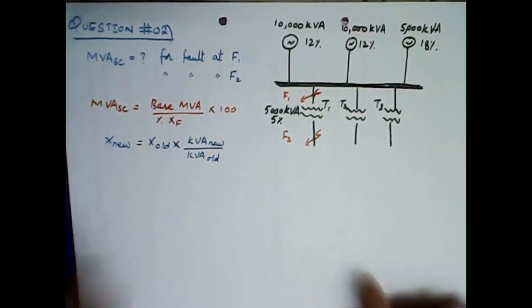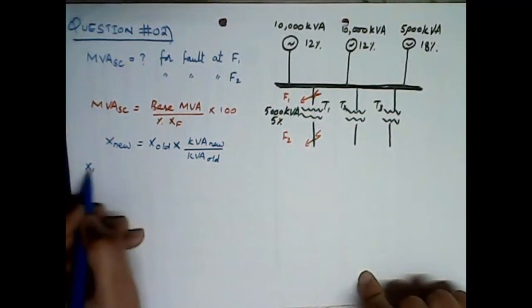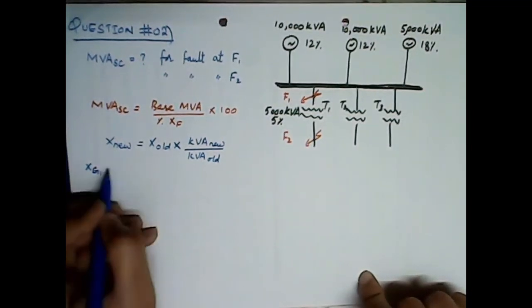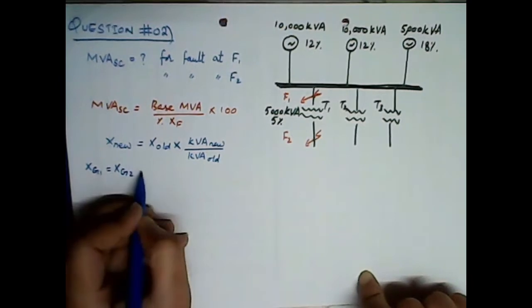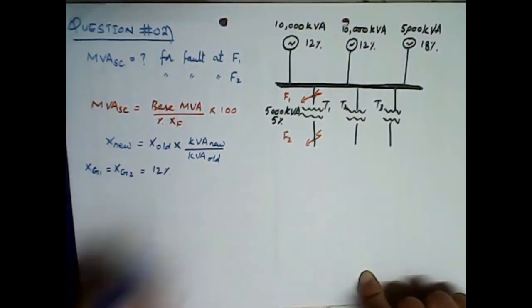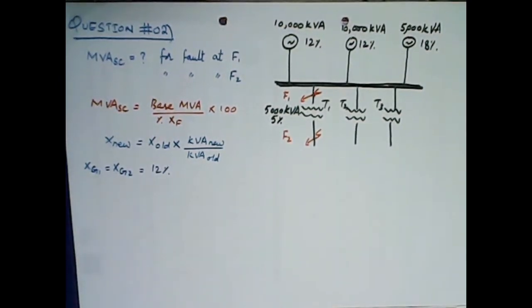So this means that Xg1 equals Xg2 equals 12%. This will remain the same, right?